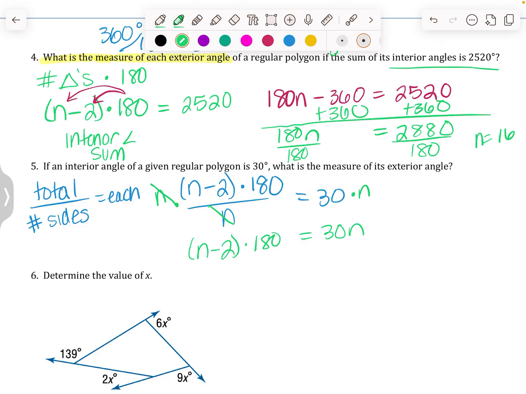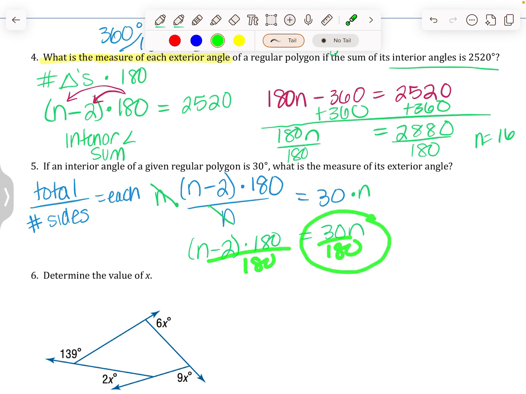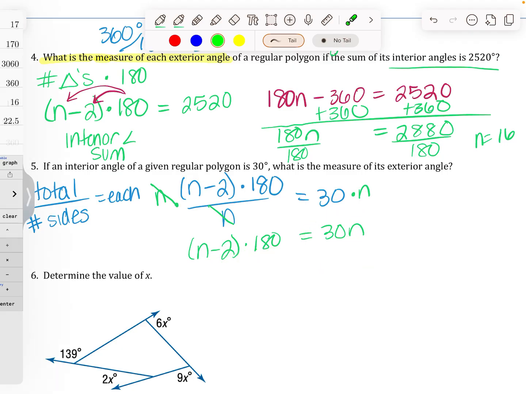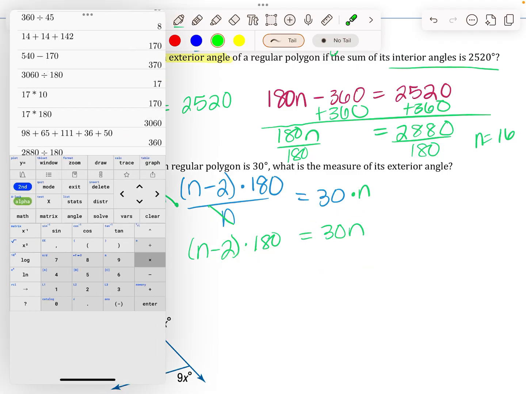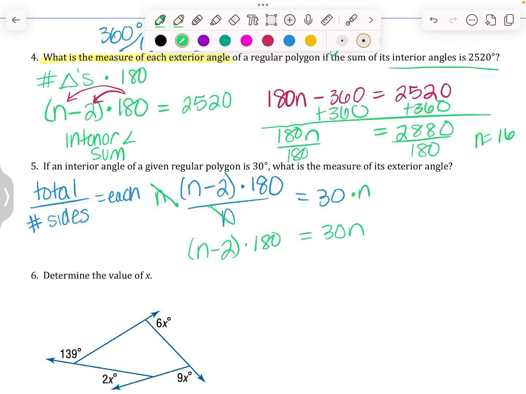We will need to distribute the 180, because if we divide by 180 on both sides in this step, you will end up with a fractional n, and you don't want to work with fractions if you don't have to. So distribute the 180, and you get 180n minus 360 equals 30n.